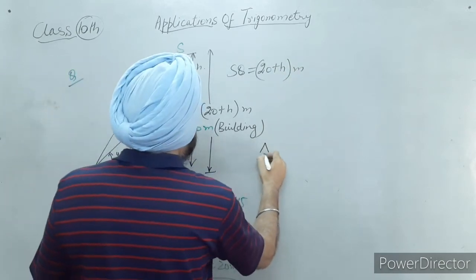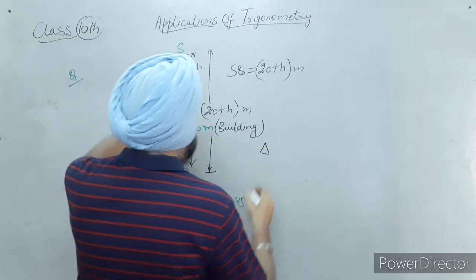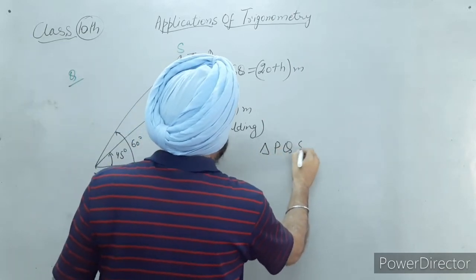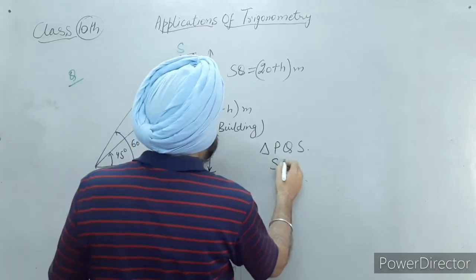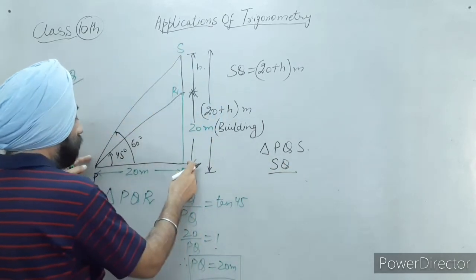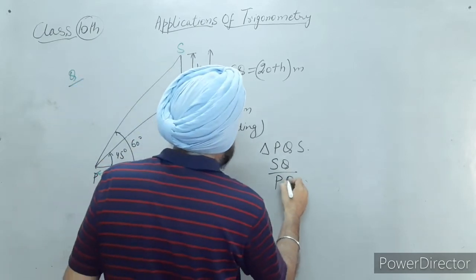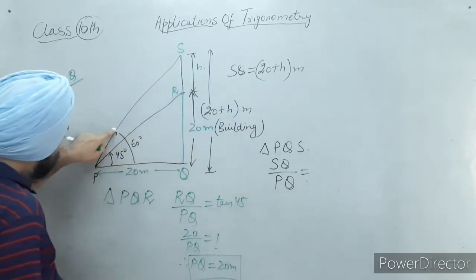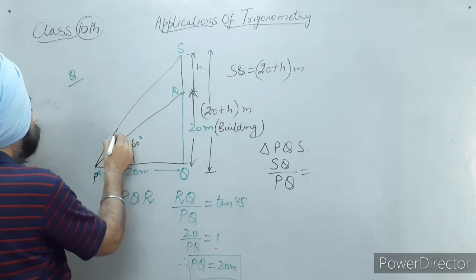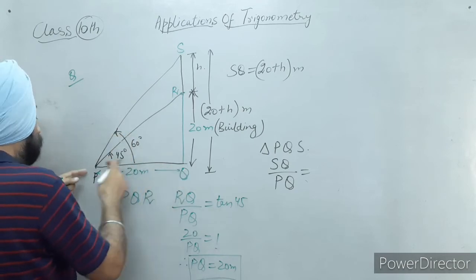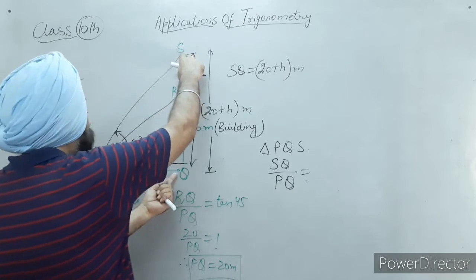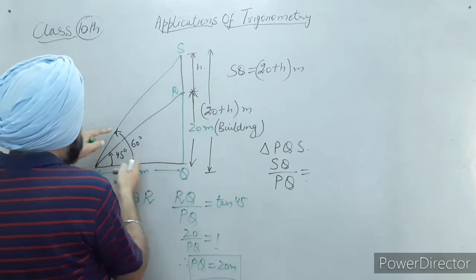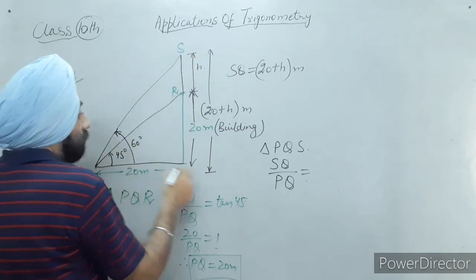Take the triangle PQS. Perpendicular upon base is tan of 60 degrees, because I am considering PQS as the triangle.